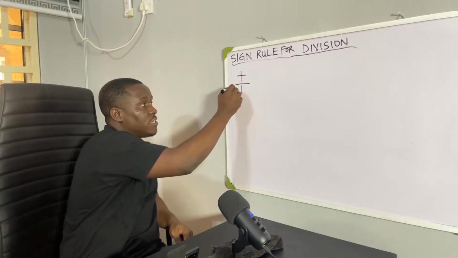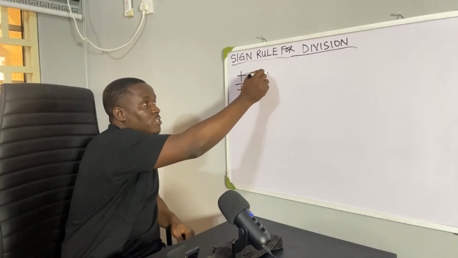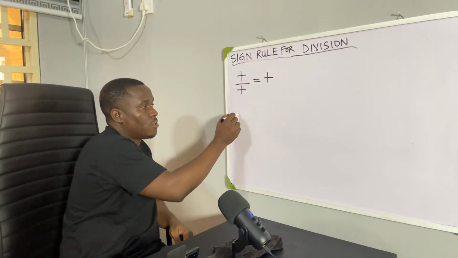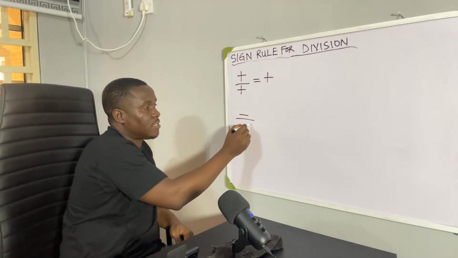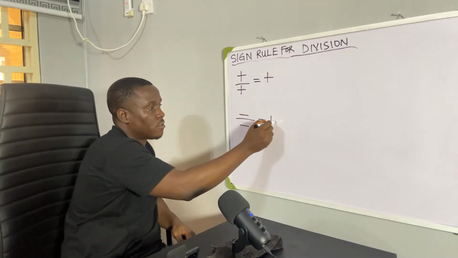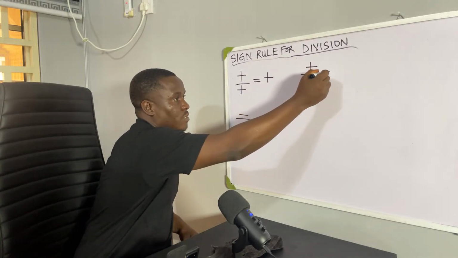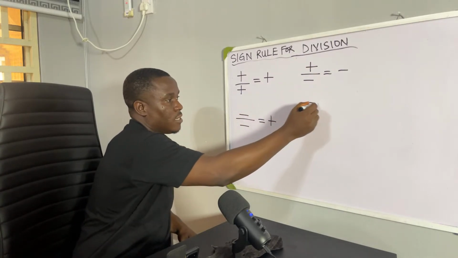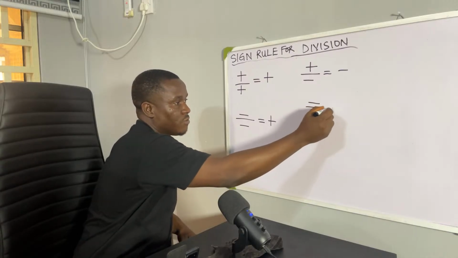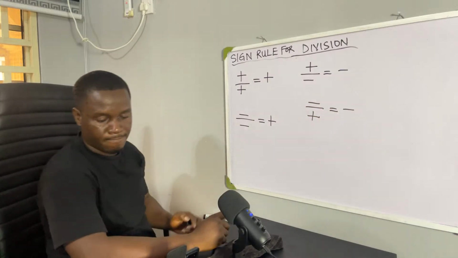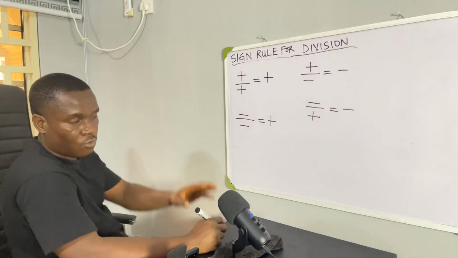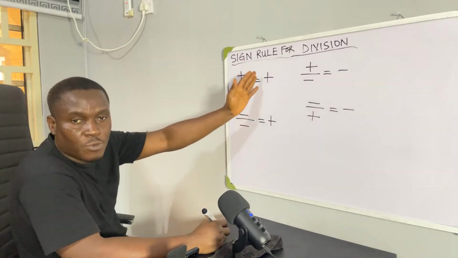Positive divided by positive gives you positive. Negative divided by negative gives you positive. Positive divided by negative gives you negative. Negative divided by positive gives you negative. So when the signs are the same, your answer is positive.